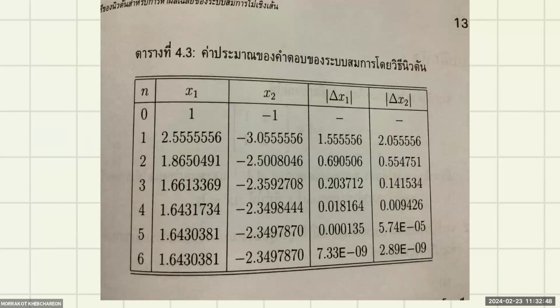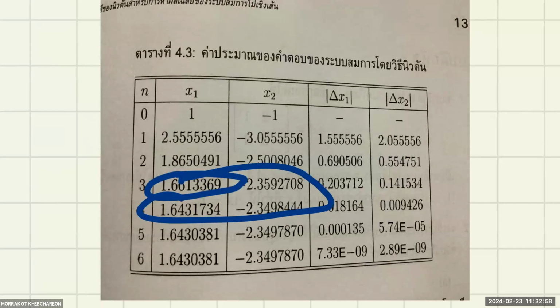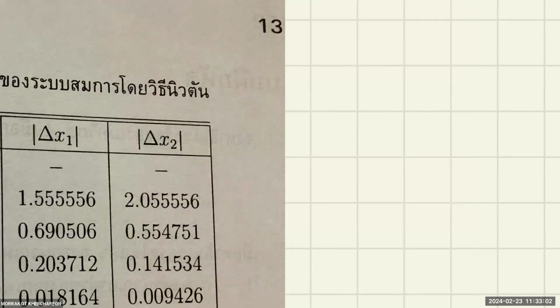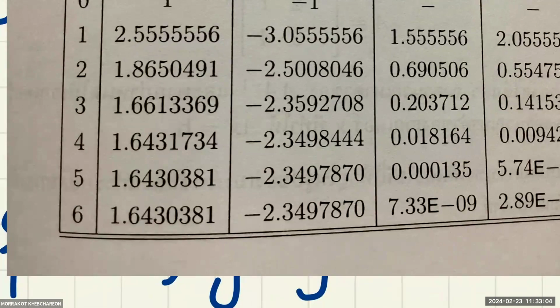But actually, if you want just 1 or 2 digits, roughly speaking, you might do only 3 or 4 times, okay? You can see the details here, okay, 1.6 and minus 2.35. And you can see that they are quite close to each other, okay?